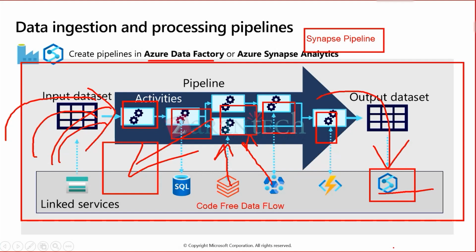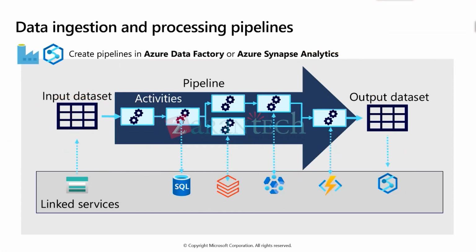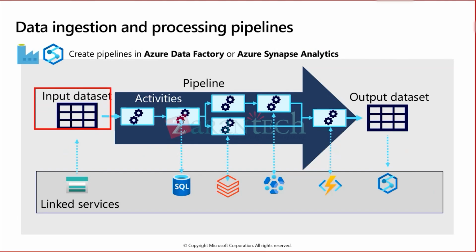So all these activities are operating on the data. The input dataset is providing you the source data, and the activities can be defined as a data flow that incrementally manipulates your data until your output dataset is produced.